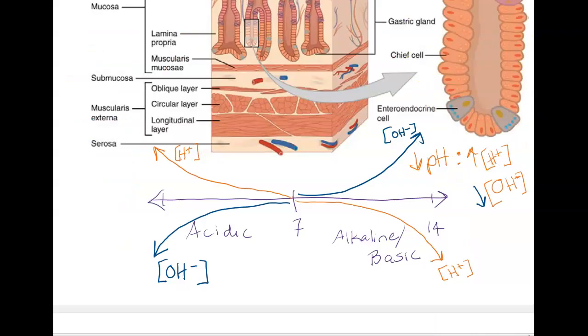And if we go back here to our pH scale, we can see that as the number of hydroxide ions has increased, our pH has now increased further into the alkaline range. So instead of blood having a pH of about 7.4, maybe that pH has gone up to 7.5 or 7.6.